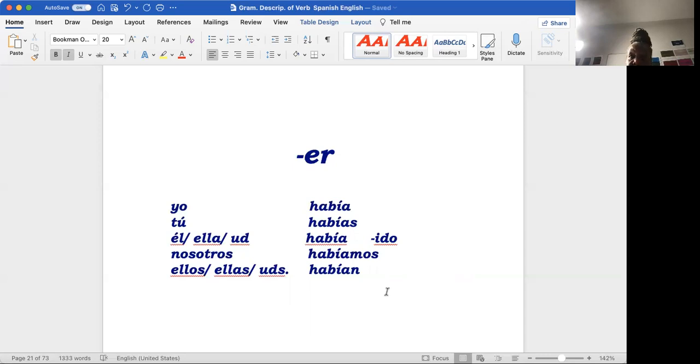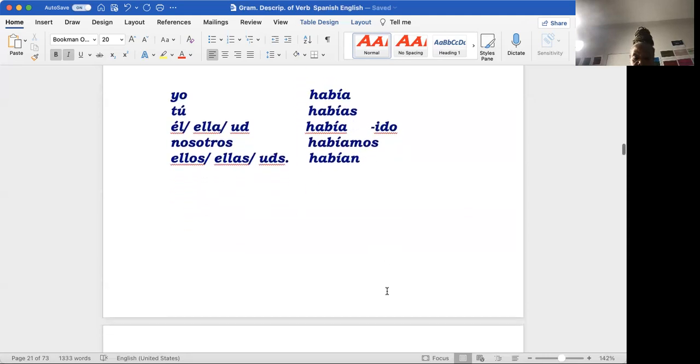So let's look at the verb comer. But in Spanish, because in English it's irregular. It's había comido, habías comido, había comido, habíamos comido, habían comido. Okay, so you are taking the verb comer, you're removing the ER and you're adding the IDO.